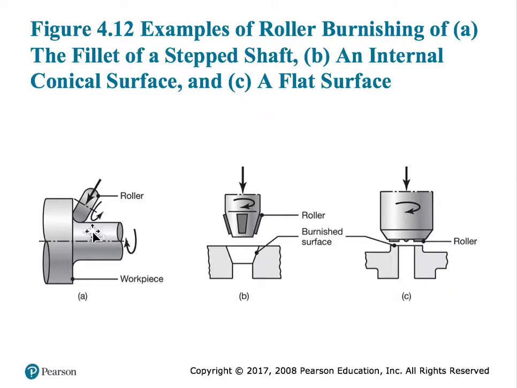So for example, if you are trying to create a radius on this bar, what you might do is create an internal conical surface that will rub against that and get that to be a very smooth, machined piece.